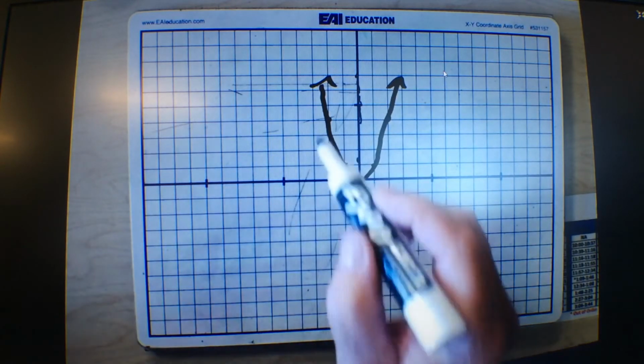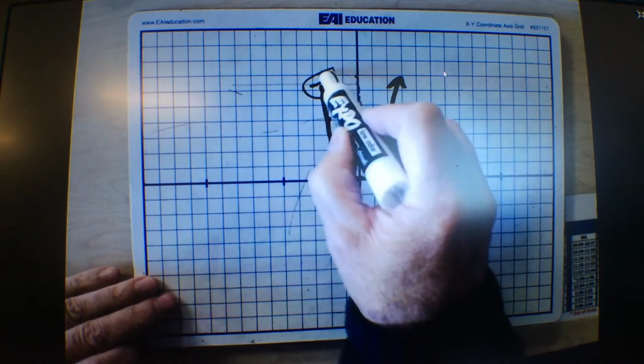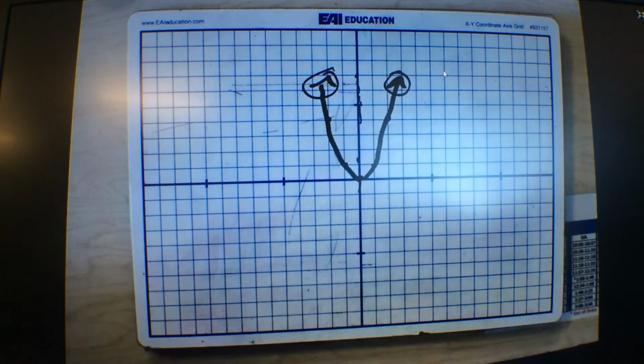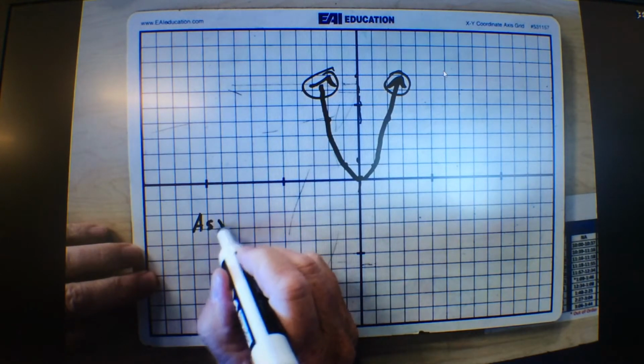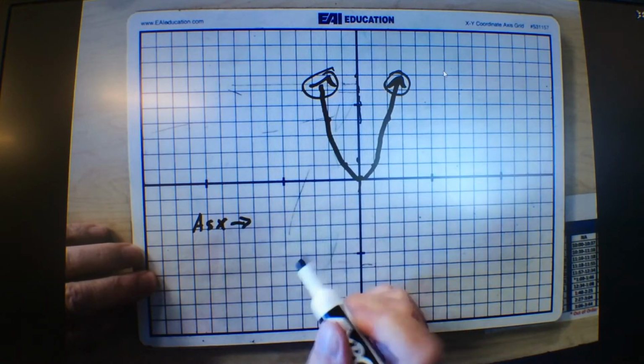Okay, so what I want you to do now is I want you to discuss the end behavior the way that we did on the last one. Okay? So how do we begin? F of x? Is x? No, x. As x approaches, on the left side.